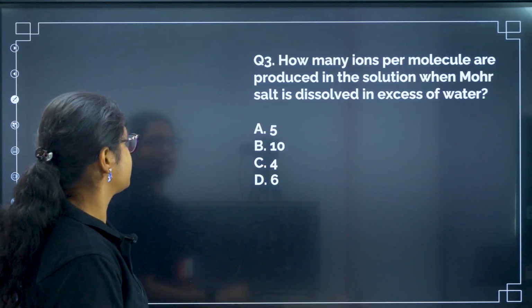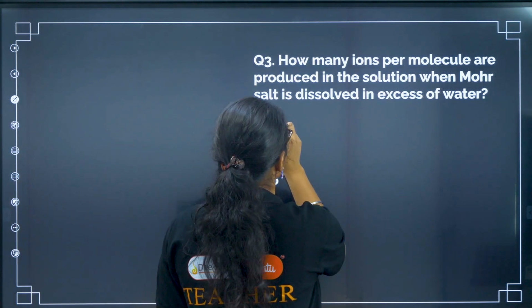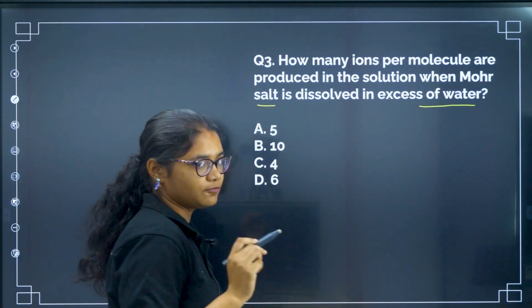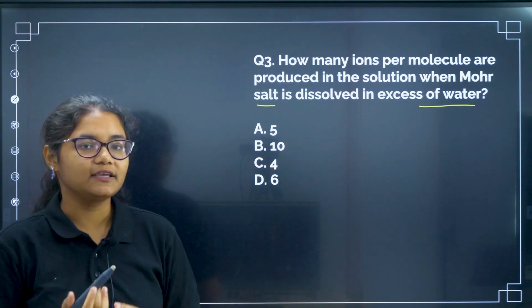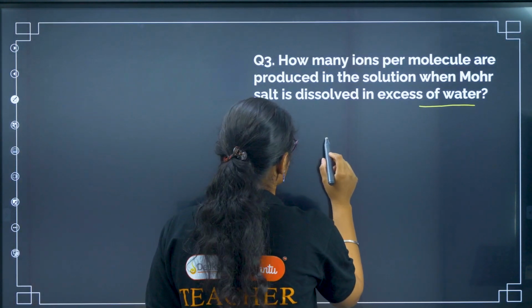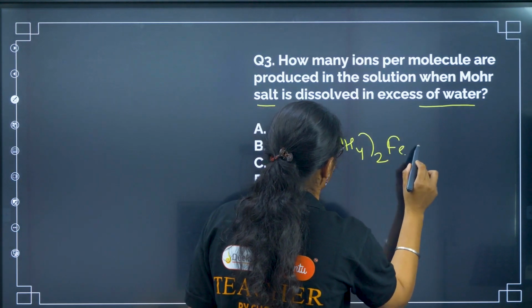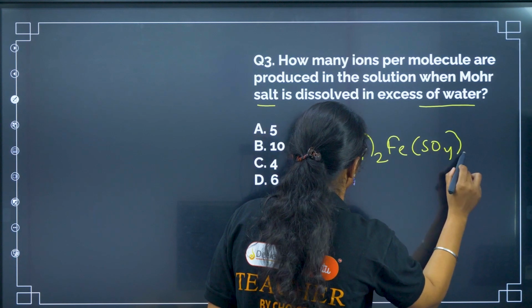Now let us see the next question. How many ions per molecule are produced in the solution when Mohr's salt is dissolved in excess of water? This question is easy only if you know the formula of Mohr's salt. Mohr's salt formula is (NH4)2Fe(SO4)2.